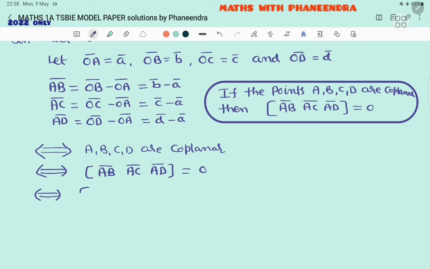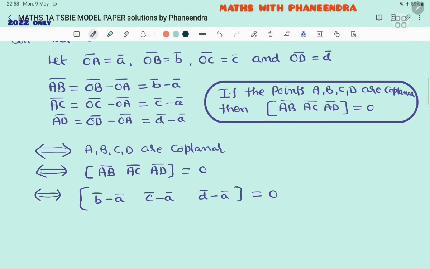So box of AB, AC, AD: AB means we already wrote B bar minus A bar, no need to write commas, just vectors. AC means C bar minus A bar, AD means D bar minus A bar, is equal to 0.